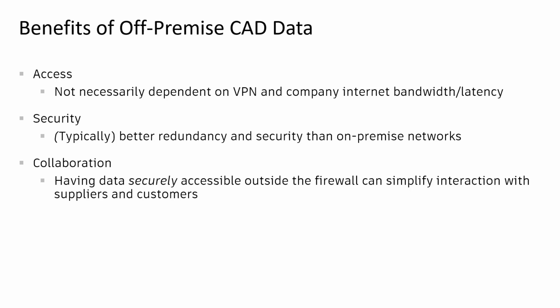Security also can be a huge benefit because typically, again, depending on the solution and depending on your local infrastructure, you would have better redundancy and better security than an on-premise network, right? And that really depends on how things get accessed. It depends greatly on the solution you're using, both on-premise and in the cloud.